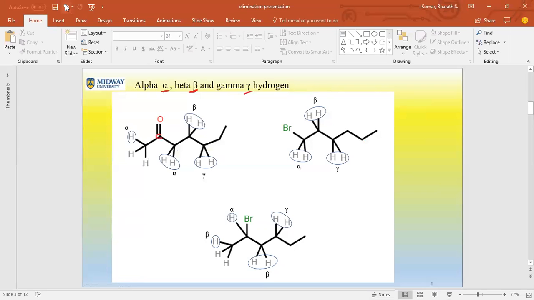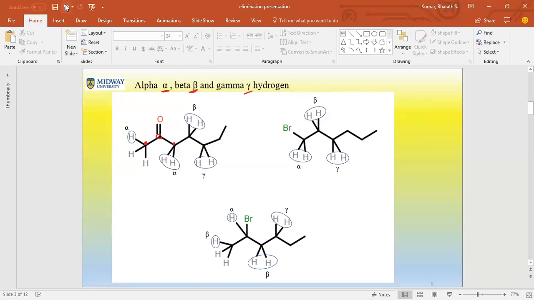Because when you have a double bond, it's already got 4 bonds. There's no hydrogens here. So the carbon adjacent to the carbon containing the functional group, so it's this and this, on either side. Say if it is completely on the end, then you would only have 1 alpha carbon, but because it's in the middle, the carbon that's immediately adjacent on both sides is the alpha carbon, and the alpha carbon contains the alpha hydrogens.